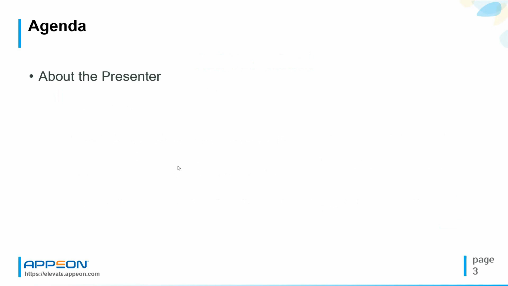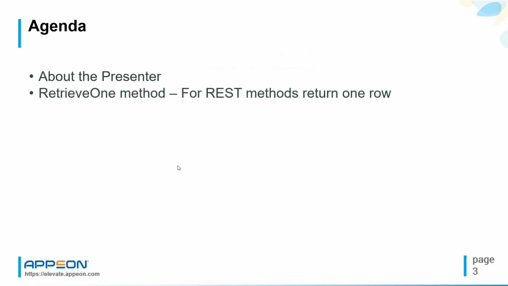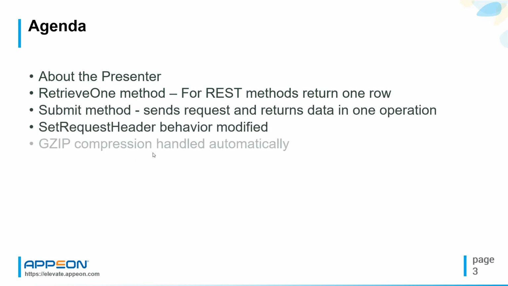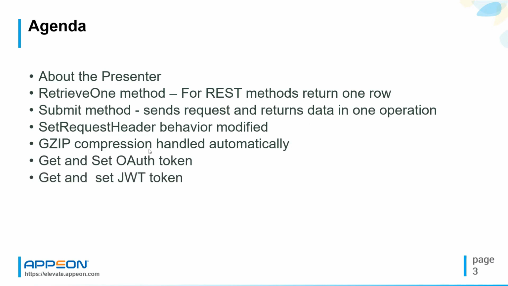And now the agenda. I'm going to talk about myself for a little bit, and then we're going to talk about some of the enhancements, including the RetrieveOne method, the Submit method, the SetRequestHeader method and how it's modified, how GZip compression capability has been added, how to get and set an OAuth token, and how to get and set a JWT token.